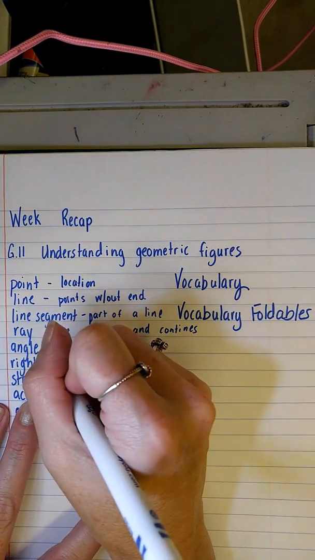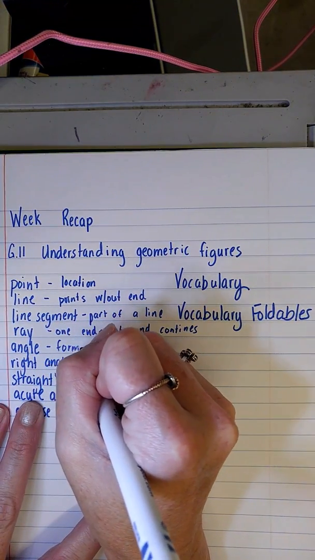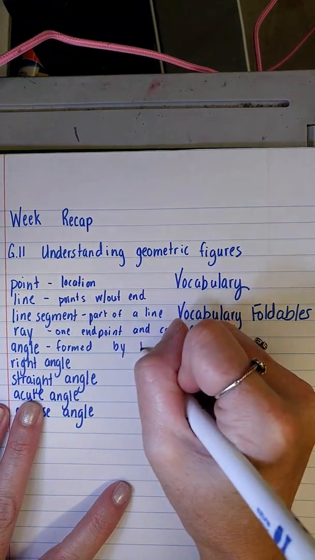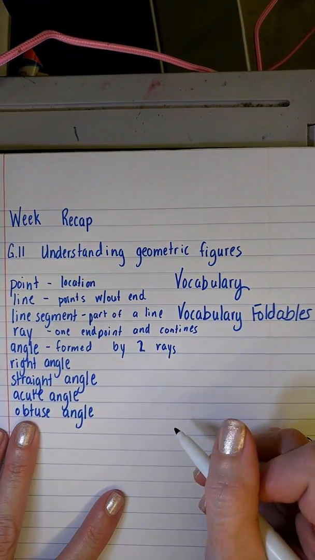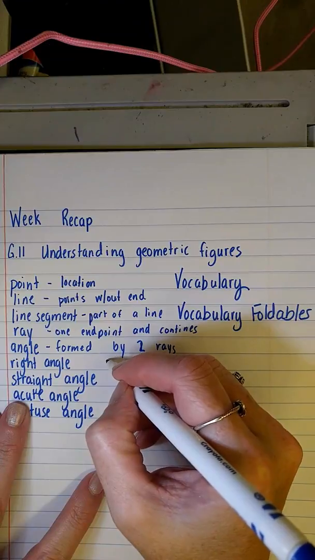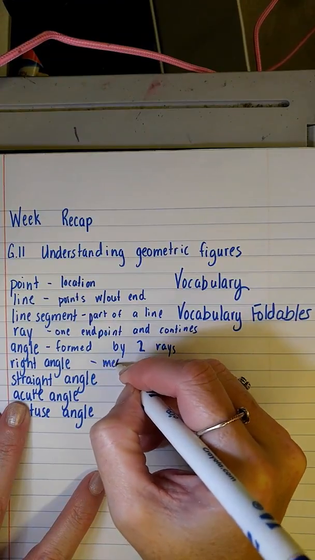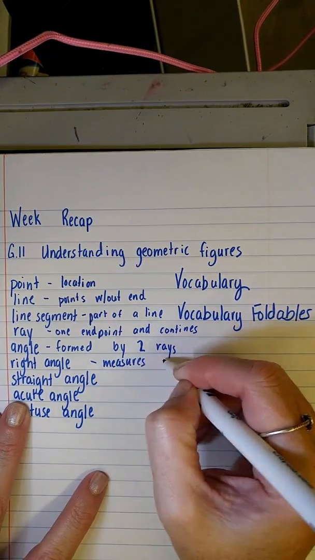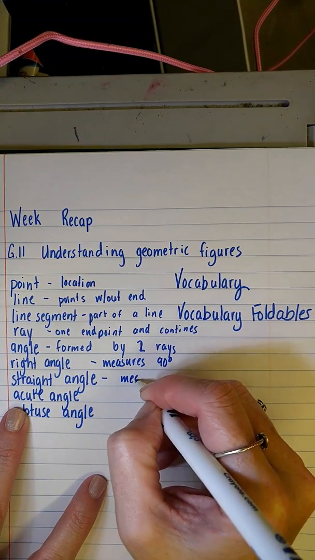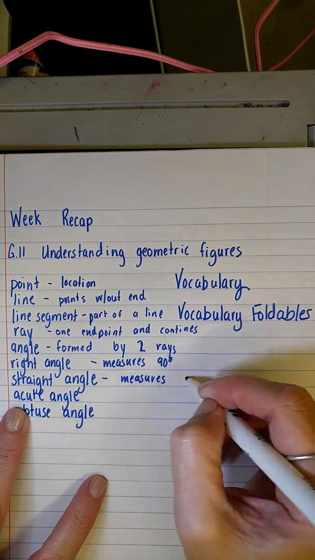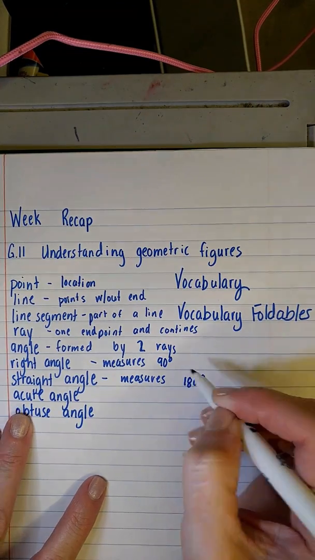An angle is formed by two rays. And then a right angle measures 90 degrees exactly. Straight angle measures 180 degrees exactly.